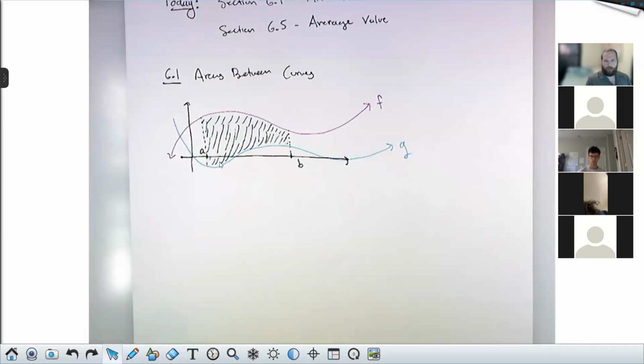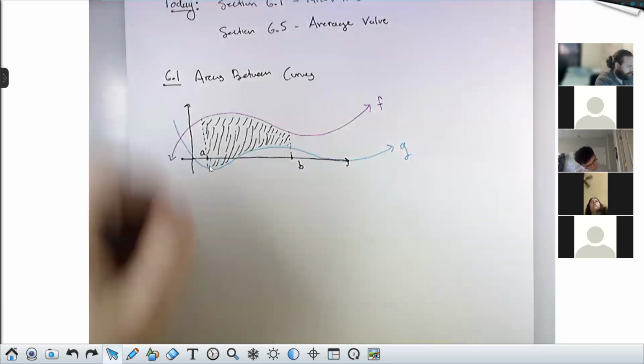And you might want to think a little bit carefully about what happens down here, where the area under g would be measured as negative. But if you were to subtract that negative area, that's the same as adding that area, right? Subtracting a negative is the same as adding a positive.